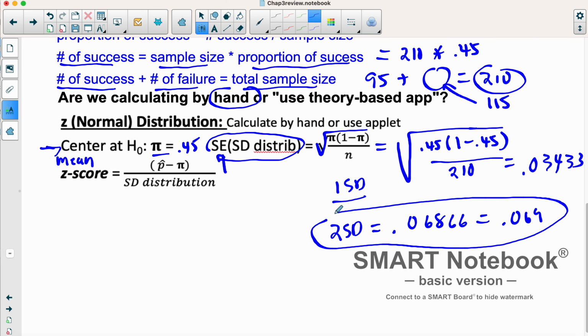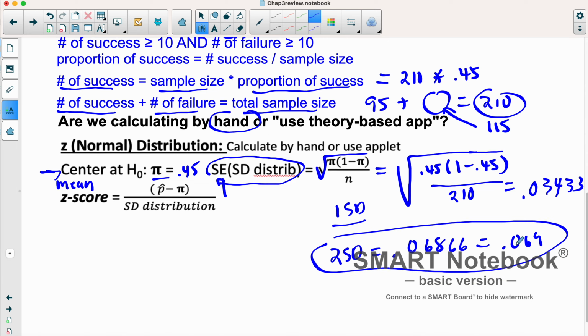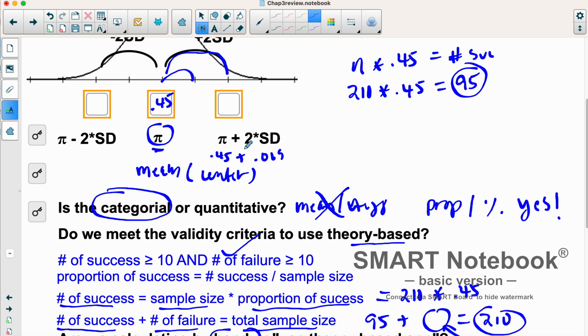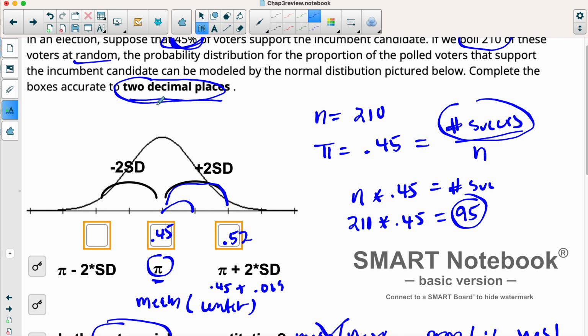Now let's fill in the distribution. The center is at pi, the mean of the distribution. This would be 1 standard deviation. This box is plus 2 standard deviations: pi, 0.45, plus 2 standard deviations, 0.069, gives us 0.52 if we round, because we want to round to 2 decimal places.